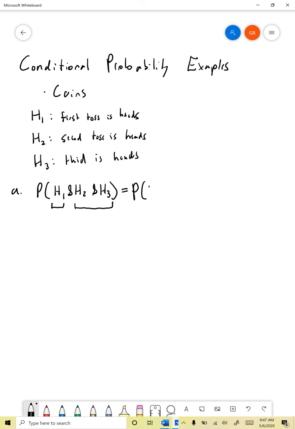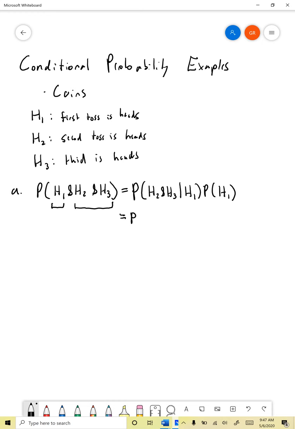So according to the general conjunction rule, this is going to be equal to the probability of H2 and H3 given H1 times the probability of H1. Now, we can apply the general conjunction rule again to this next probability, the probability of H2 and H3 conditional on H1, since we know that conditional probability functions are themselves probability functions, as we showed in an earlier video.